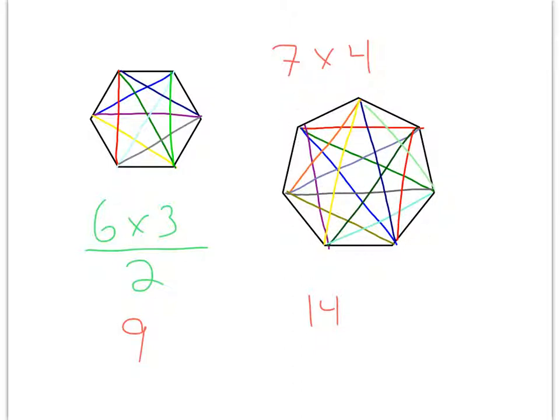So it's 7 times 4, and then divide by 2, because I don't want to count the same diagonal twice. For example, I don't want to count from this diagonal, and then backwards again from this diagonal.